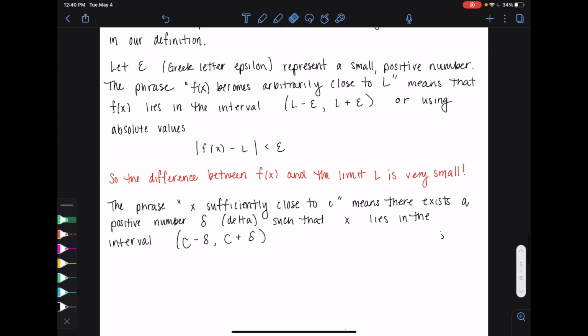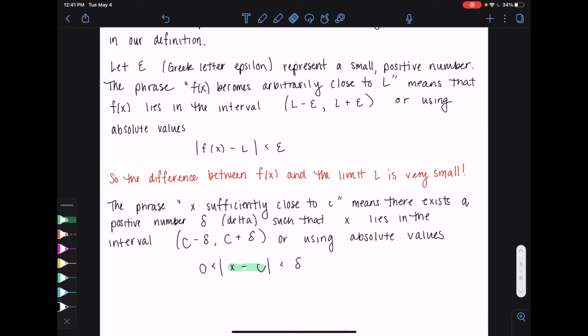So the phrase x sufficiently close to c means there's a positive number, which we're going to call delta, which kind of looks like an S, such that x lies within this particular interval. Really, all that's saying is, again, using absolute values, if you look at the distance between x and the number we're approaching c, that distance is less than delta.